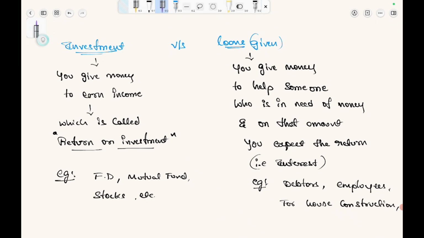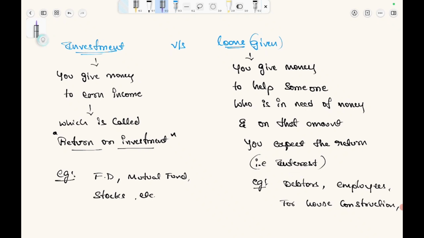Then the bank explains that if I had invested this amount in FD or mutual fund or in other stocks, I might have got some return on investment. So now because I am giving this money to you, I am losing that return, so I am charging you interest. So this is the concept of interest being charged on a loan.